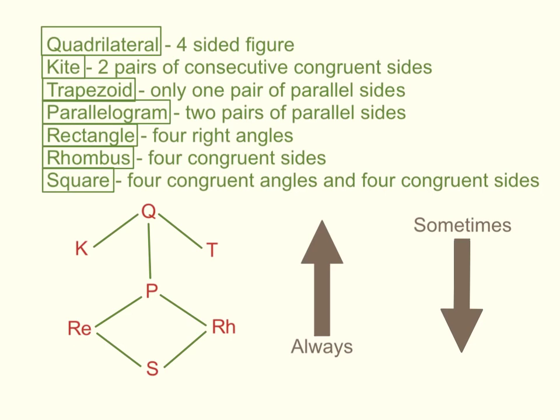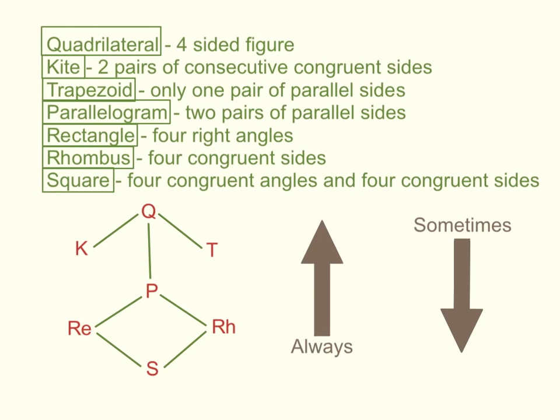We have the parallelograms that have four congruent sides. And if it is a parallelogram that has four congruent sides, we call it a rhombus. And then we have the parallelograms that are both rectangles and rhombuses. They have four congruent sides and they have four congruent angles.